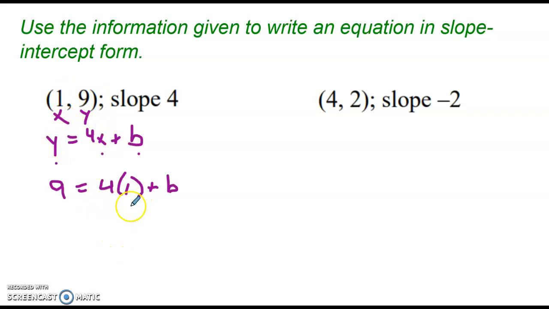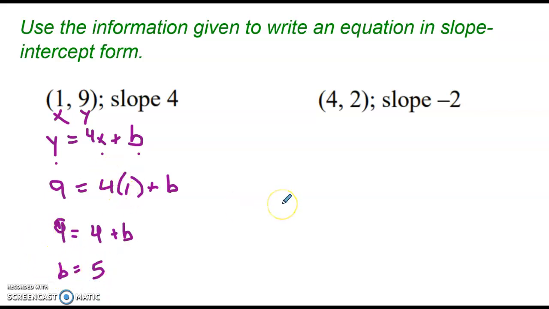So now we're just going to simplify this. 9 equals 4 times 1 is 4 plus b. Subtract 4 from both sides. You're just going to get b is equal to 5. And that's all the work right there.